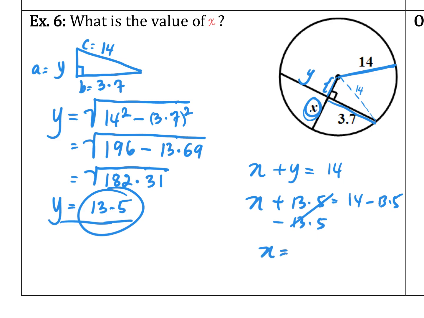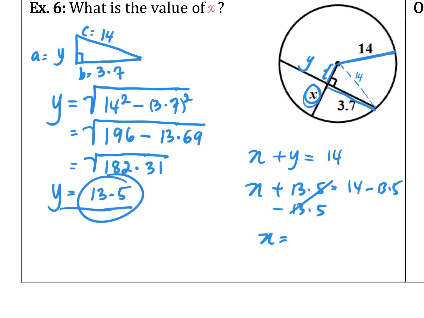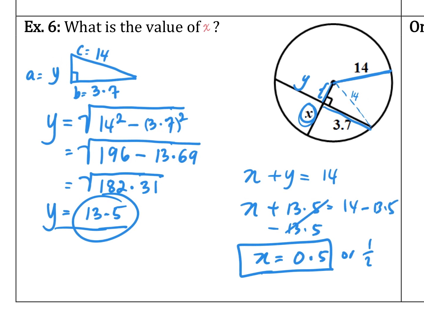Therefore, the value of x, 14 minus 13.5, is going to give you 0.5 or 1/2. It's just 1/2, but in here, let's just use 0.5. So if we look at 0.5 plus 13.5, we get the size of the radius, which is 14.